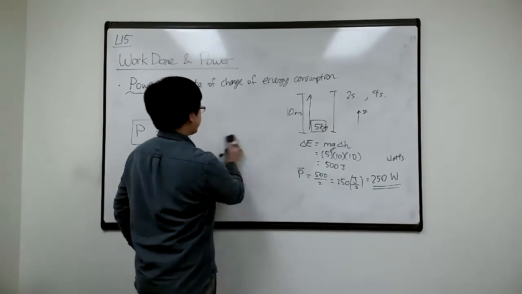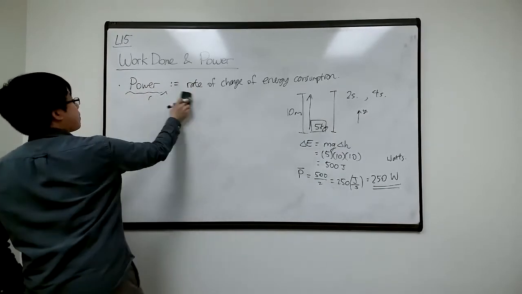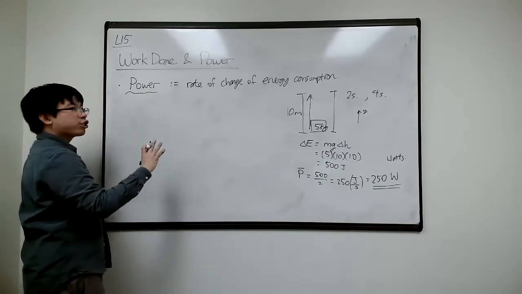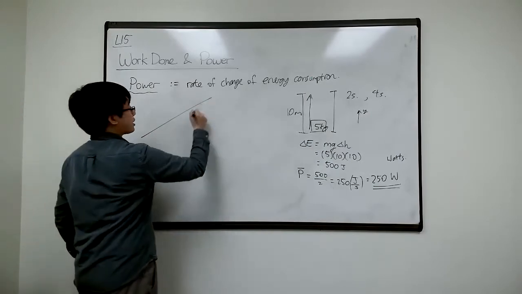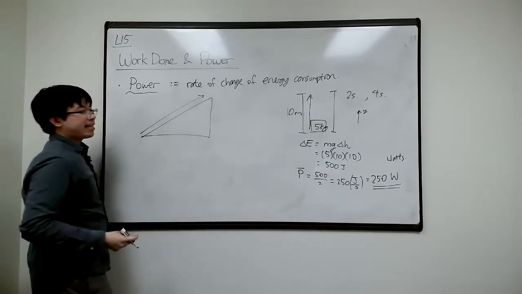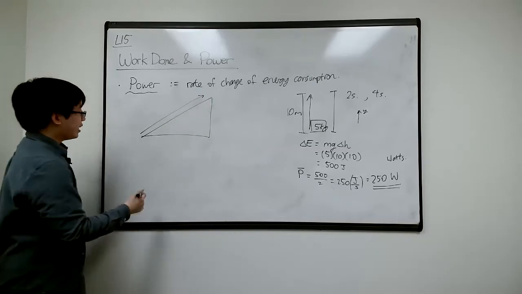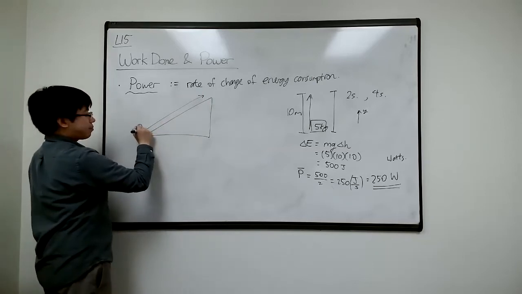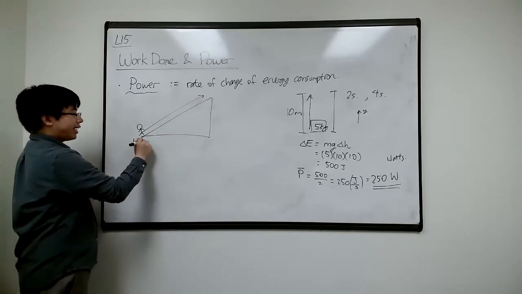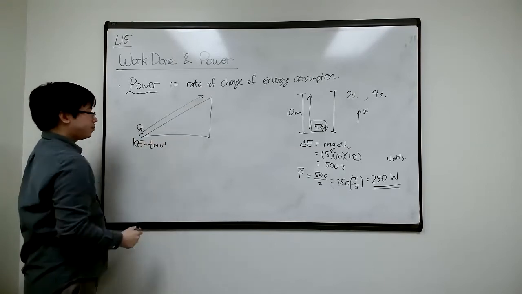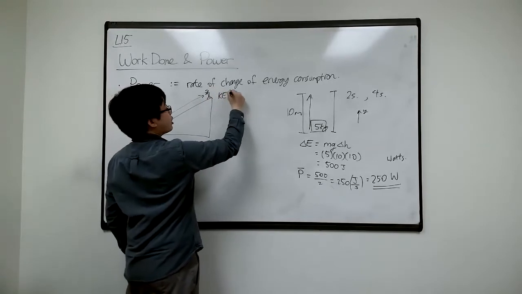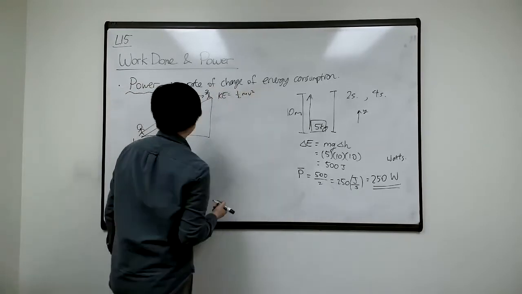Now, if you change that to going up a slope, the beauty of energy is that it's also pretty simple, because if you don't care about friction, what's the energy change when you go up here? Let's say you walk at a constant speed up the slope. Here, the KE is 1/2 mv squared, and when you get to here, at a constant speed, KE is still 1/2 mv squared.